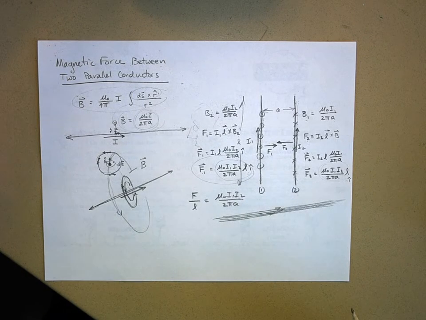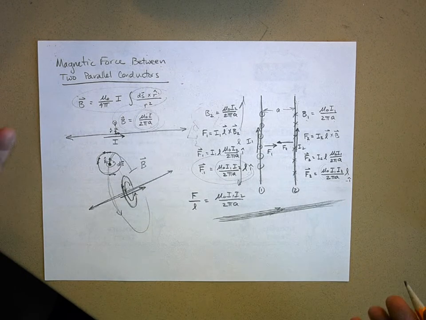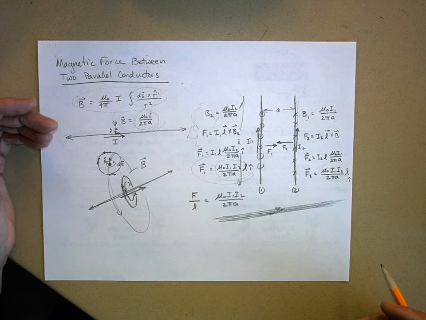You could call it force density. It's kind of a linear density for force, but yeah, you can call it force density. It does represent how much force you have per unit length. Okay, that's it.